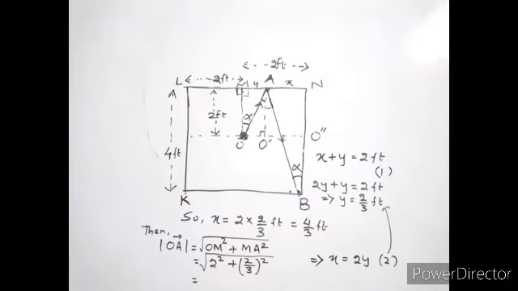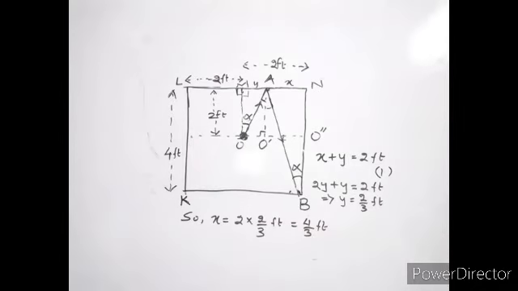This equates to 2 by 3 times root 10 feet. So this is the first magnitude that we were supposed to obtain.